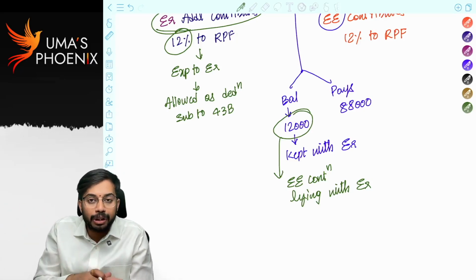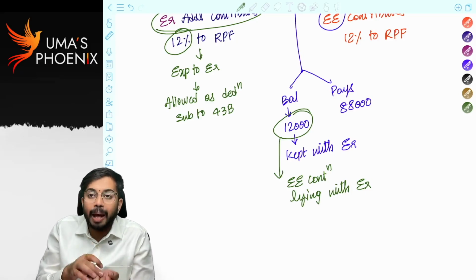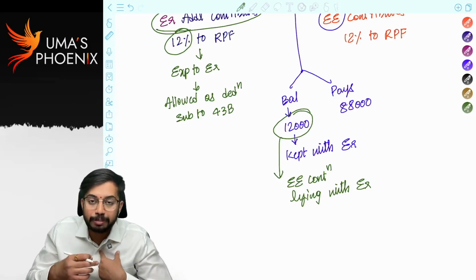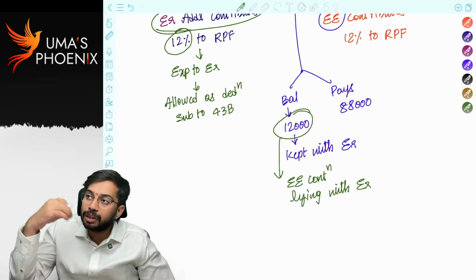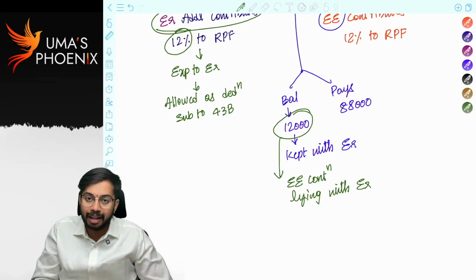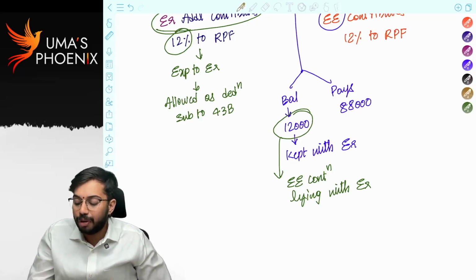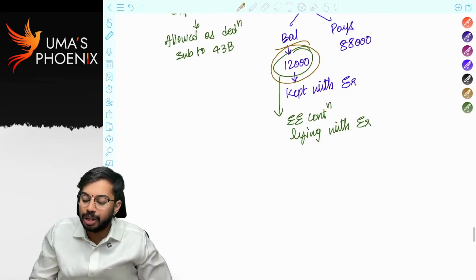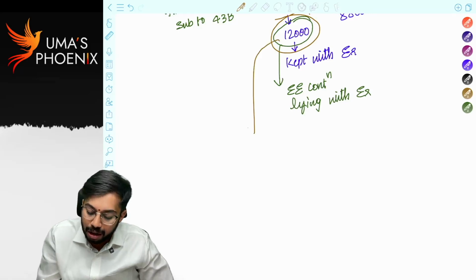That means 12,000 rupees employee contribution belongs to employee only, but employer is holding that money on behalf of employee, and employer is taking the responsibility to deposit this 12,000 rupees to recognized Provident Fund account on or before the due date.